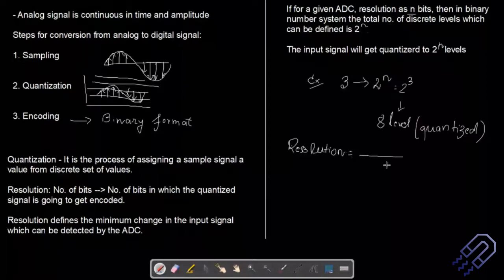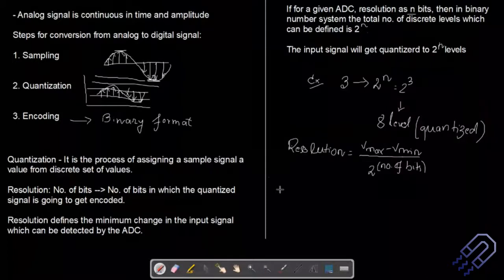Take the full scale range, V max minus V min, within which the analog signal lies, divided by 2 to the power number of bits. This is the definition of resolution as a mathematical relation.